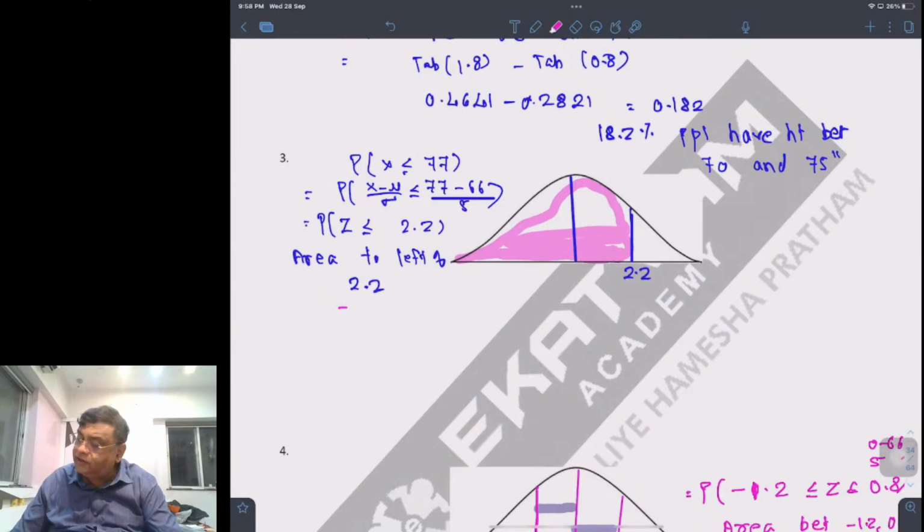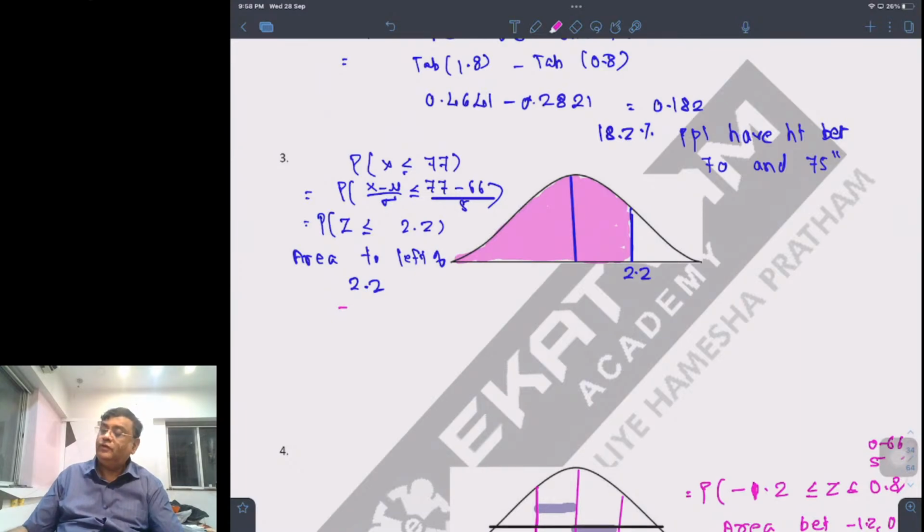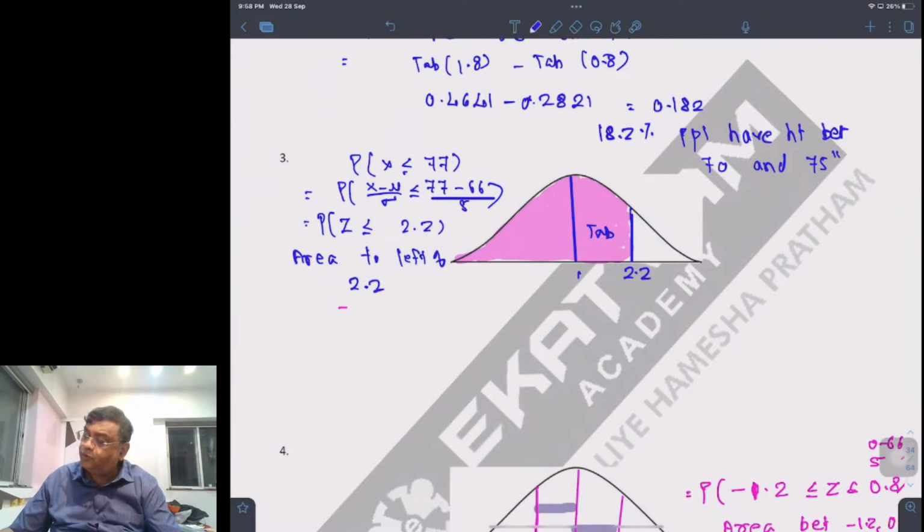It's the whole area to the left of this 2.2. ये अगर सही है तो मेरा आपसे ये सवाल है कि इसको कैसे एडजस्ट करेंगे? The table gives you the area between 0 and 2.2. And by the way, this is 0.5. So what is the adjustment? The adjustment is 0.5 plus the table value for 2.2.